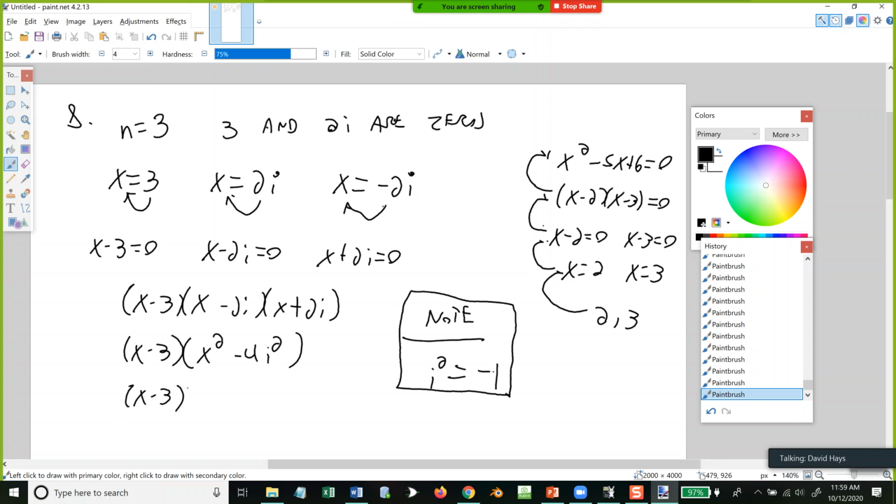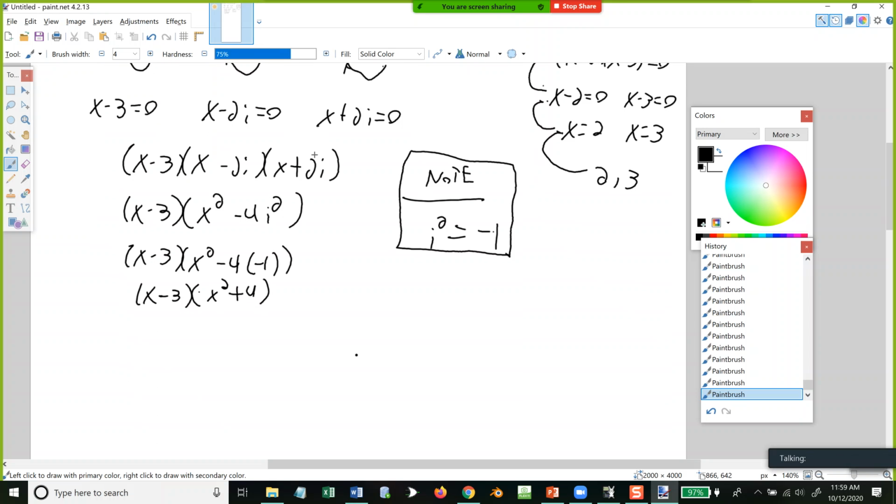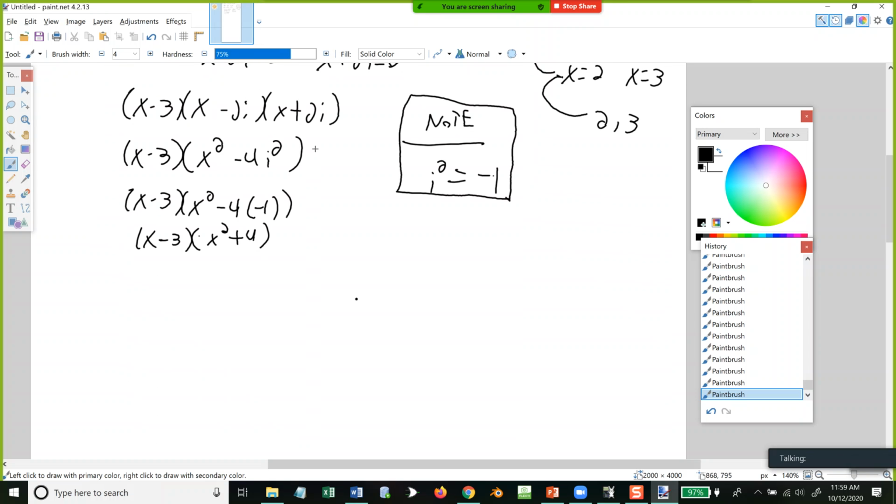Which means I'm going to go through and replace my i squared with negative 1. In a sense, what it does is it flips the sign in front of the 4 there. So that becomes x squared plus 4. Now multiply those together. Then we get x to the third minus 3x squared plus 4x minus 12.